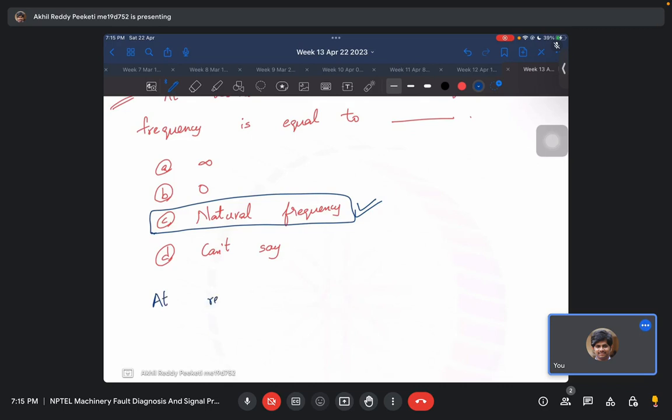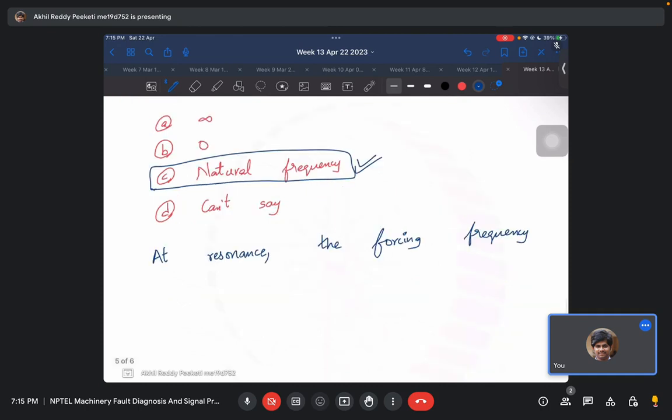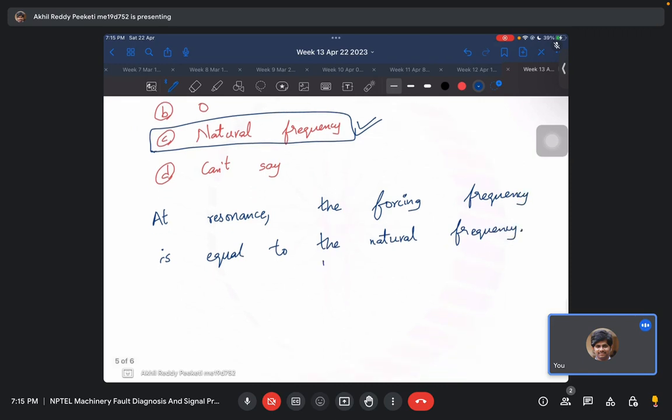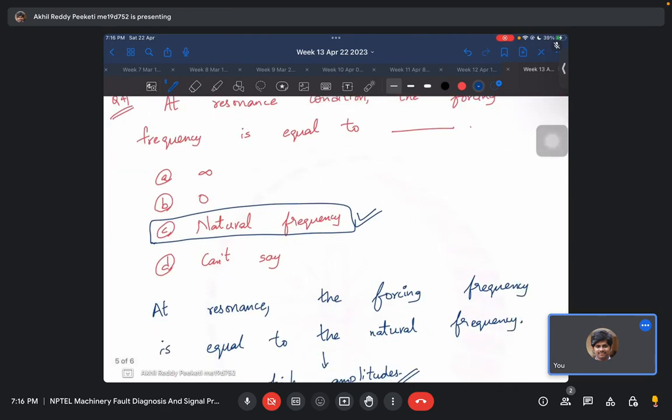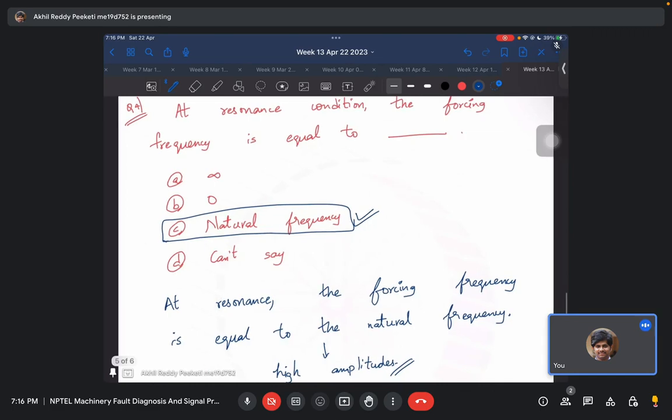So at resonance, the forcing frequency is equal to the natural frequency, resulting in high amplitudes. Okay, so this is the resonance condition.